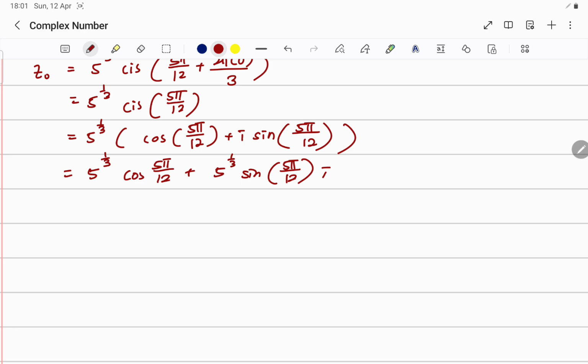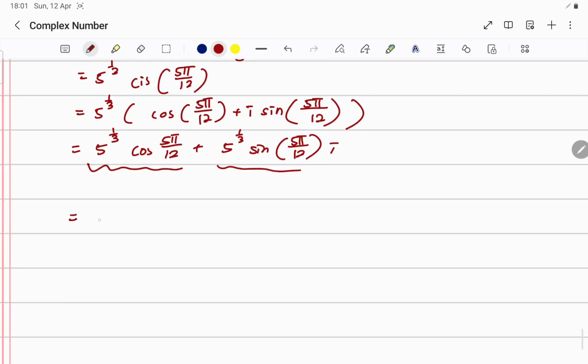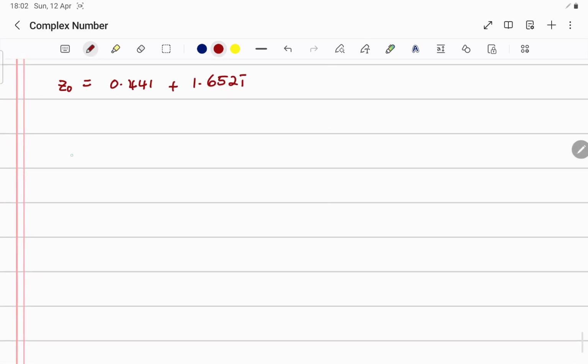And then here what you can do is just find the value of the x and y components. So by right, you will get 0.441 plus 1.652i. So this is your z0.